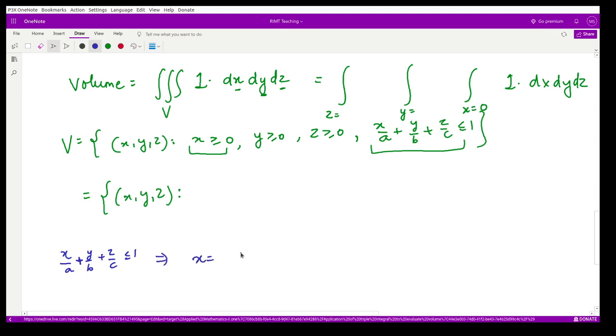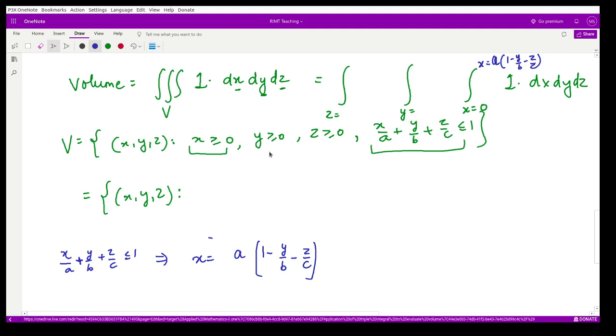So this is equal to a multiplied by (1 - y/b - z/c). So this comes out to be your upper limit here. So its value is a into (1 - y/b - z/c).